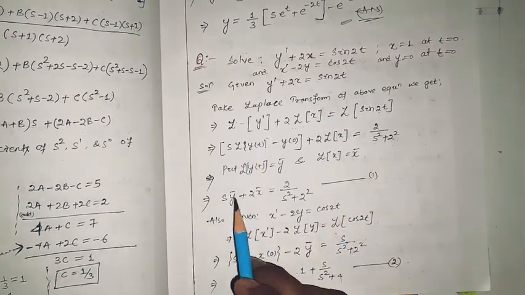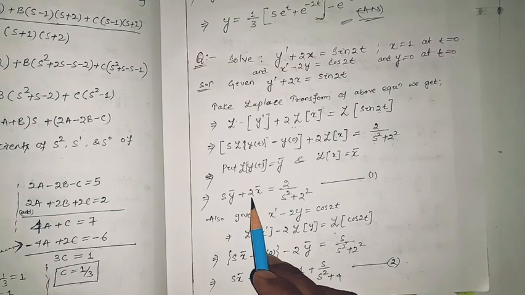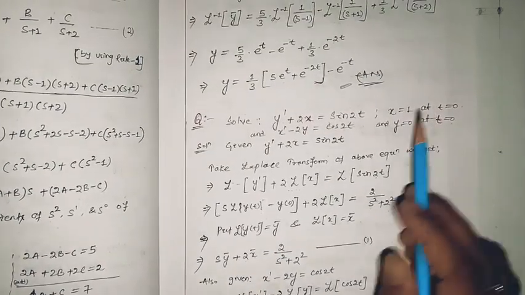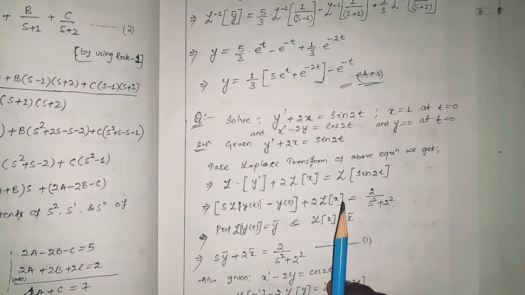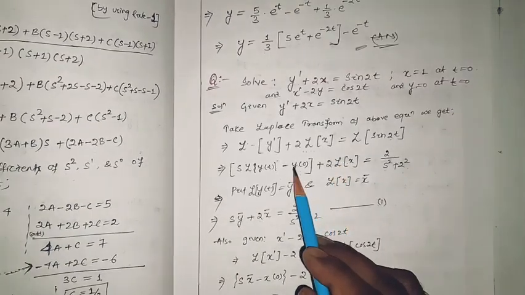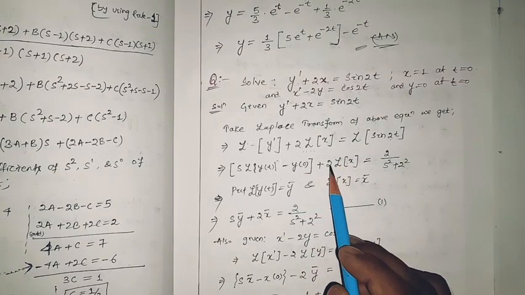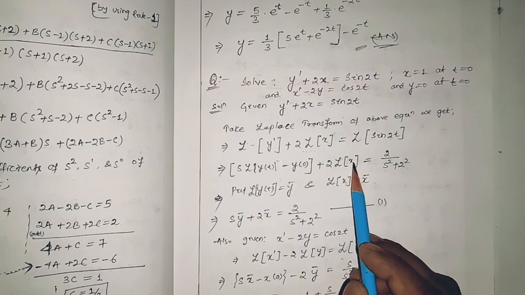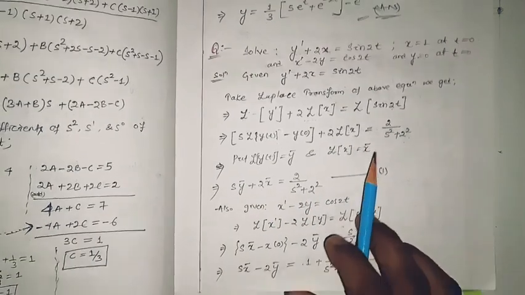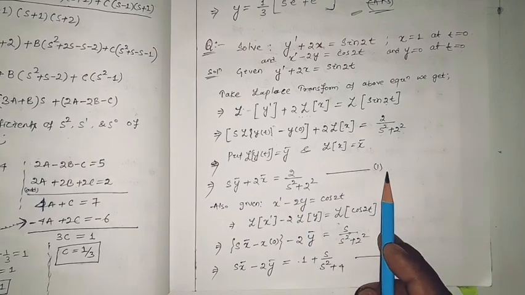So this will be s y bar plus 2 x bar, because y at t equal to 0 is 0, so the y0 value will be 0, and 2 x bar equals 2 by s square plus 2 square.